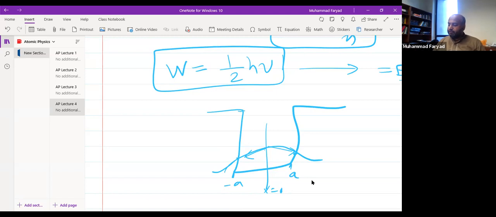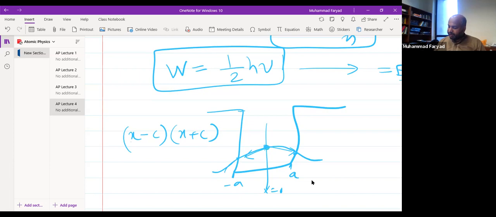So for example, if I choose something like this, I see that at x equal to 0, I get a number which is at x is minus c square.